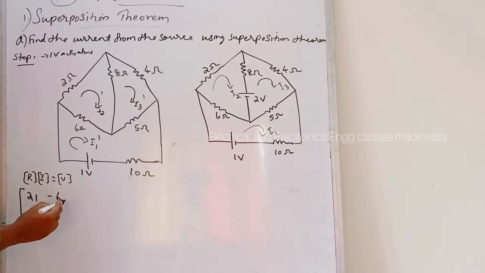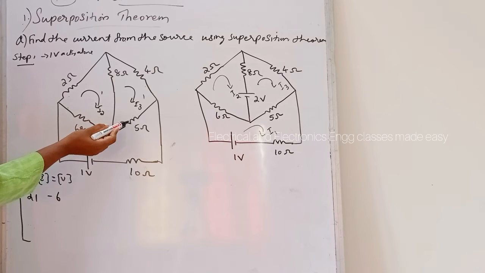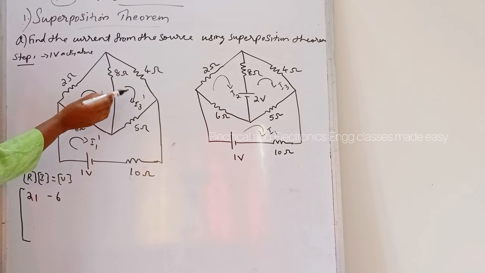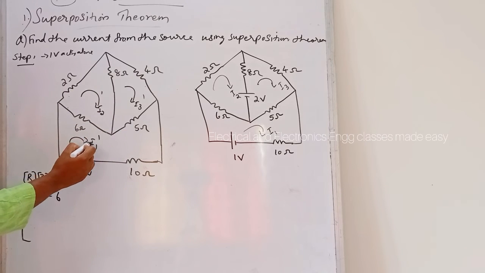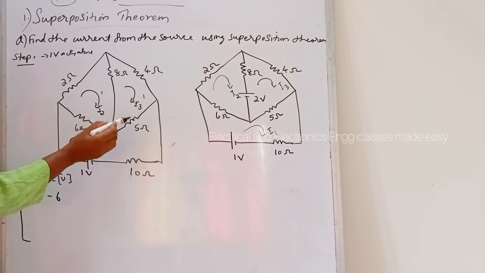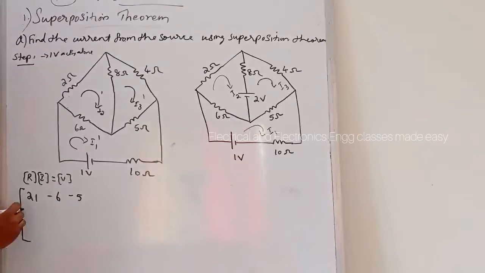Then next is R13, that is the mutual resistance between first and third loops, that is 5 ohm, and here also I1 dash in this direction, I3 dash opposite. So this is minus 5, and here also R21 is minus 6.